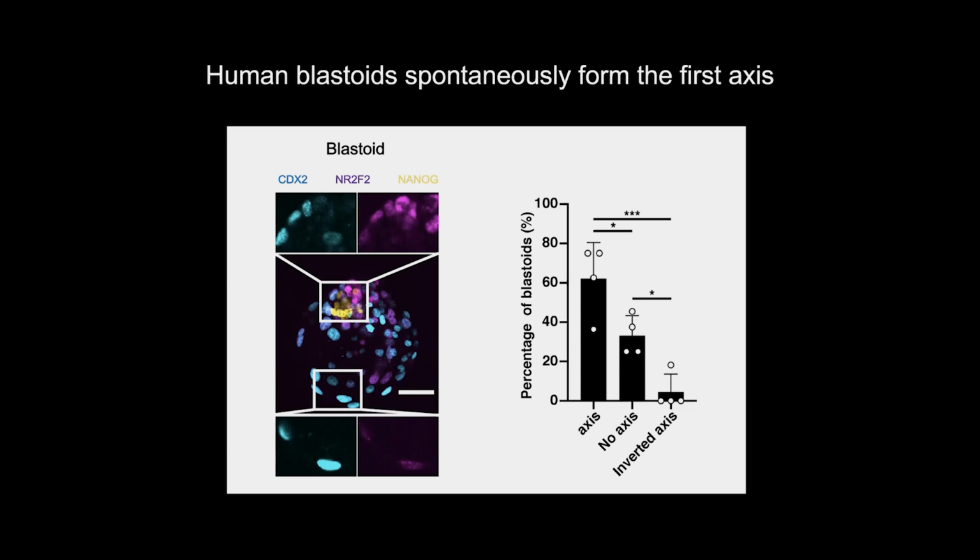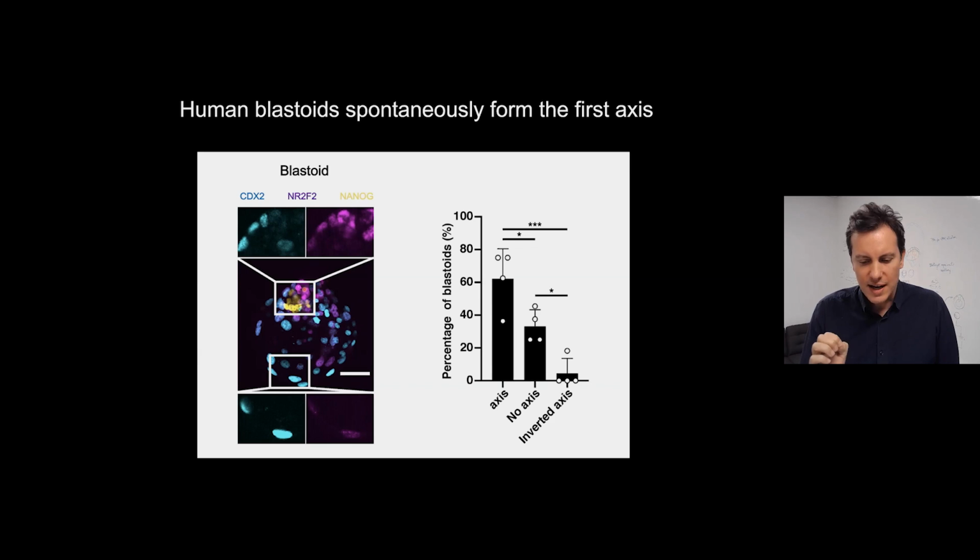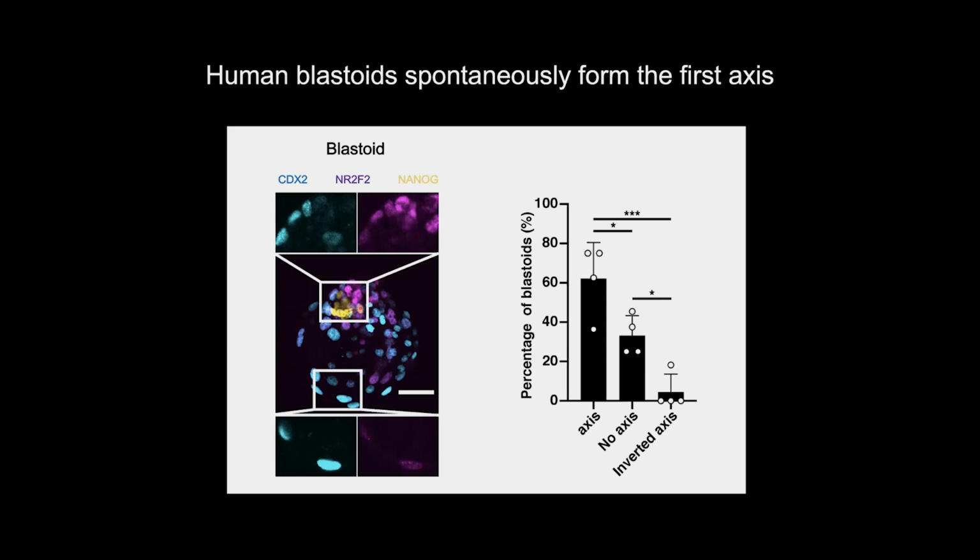So this is suggesting that, contrary to mice, in humans, the embryonic inductions that are coming from the epiblast, that you can see in yellow here, are not only promoting the growth of the stem cells that are forming the placenta, but they're also inducing the maturation, so as to make them sticky and allow them to attach to the uterus. We had about 30% that did not form an axis, or did not form an axis yet, and we had a very small percentage that formed an inverted axis.